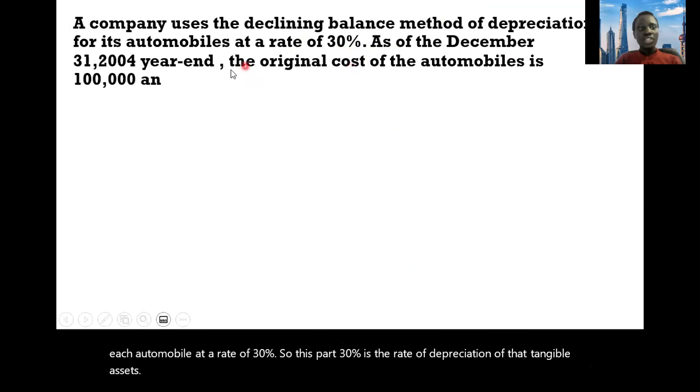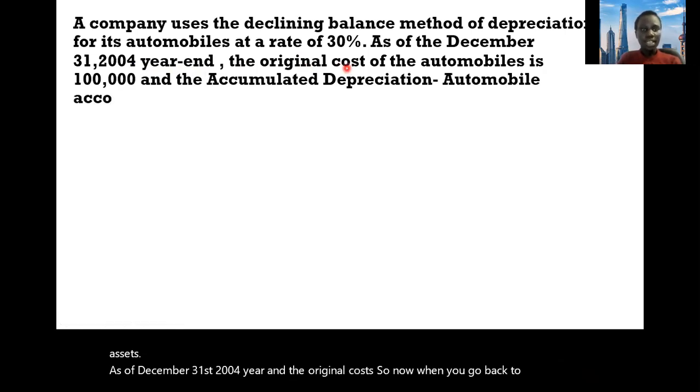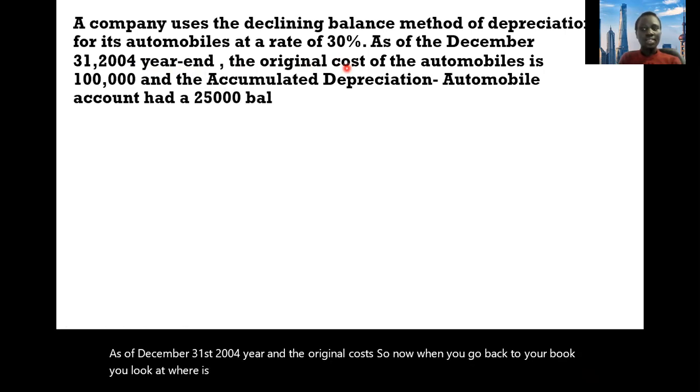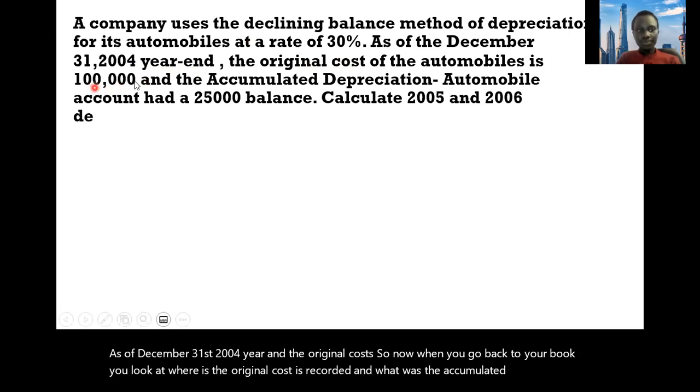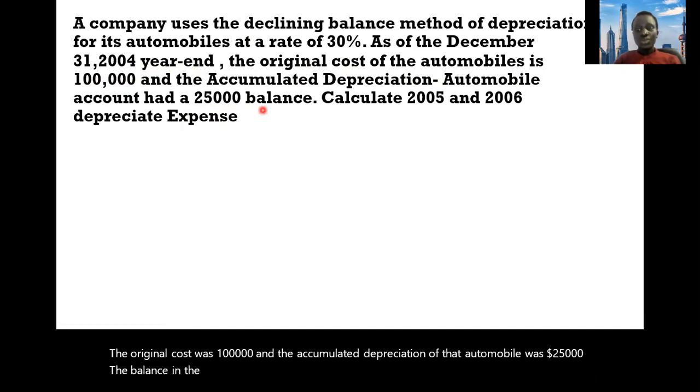As of December 31st, 2004 year end, you go back to your books and look at where the original cost is recorded and what the accumulated depreciation was. The original cost was 100,000 and the accumulated depreciation of that automobile was 25,000. That was the balance in the books. You will be asked to calculate depreciation expenses for 2005 and 2006.